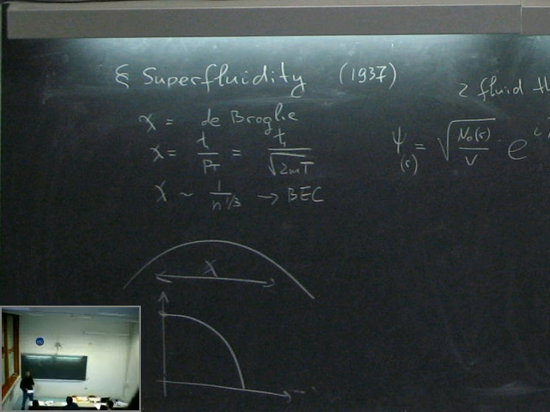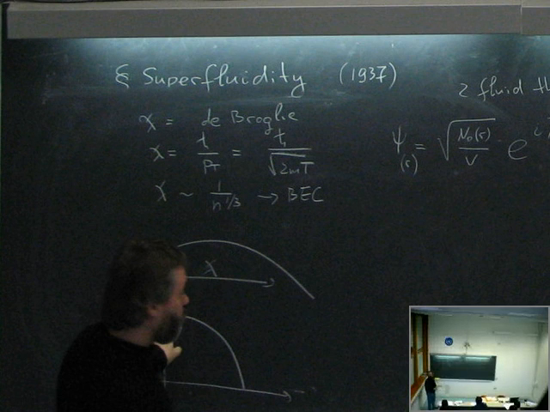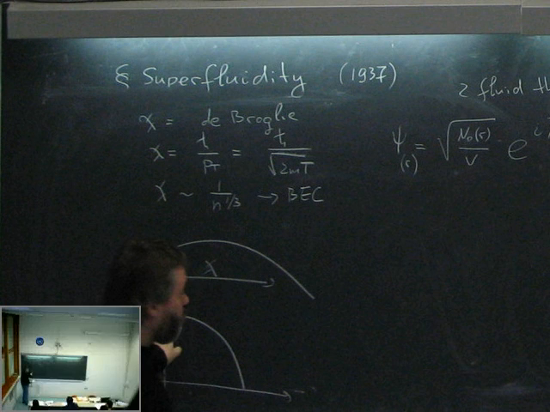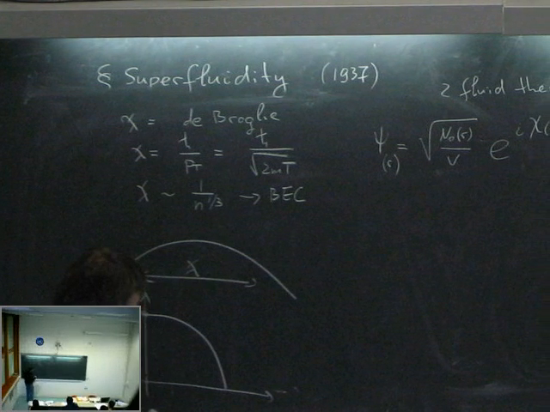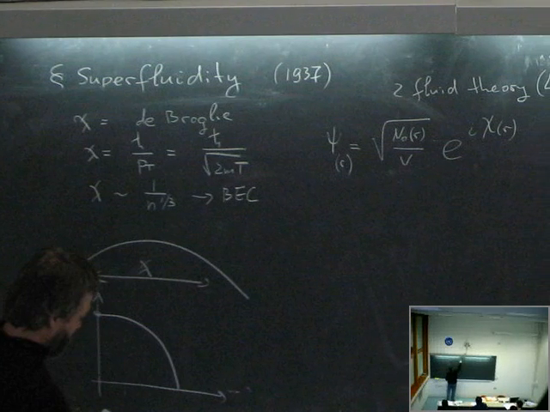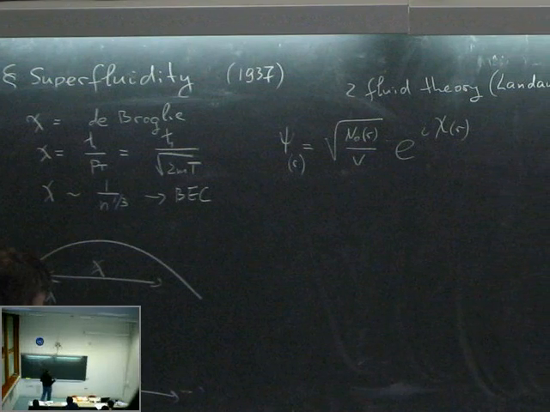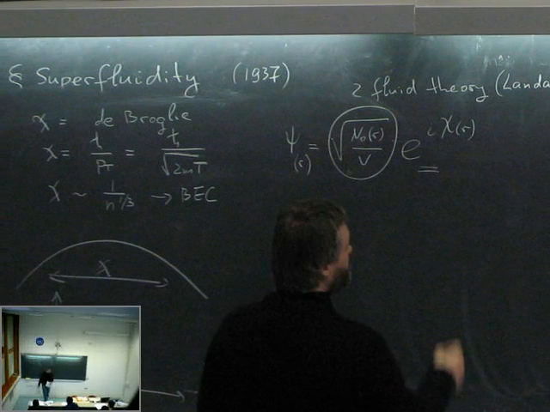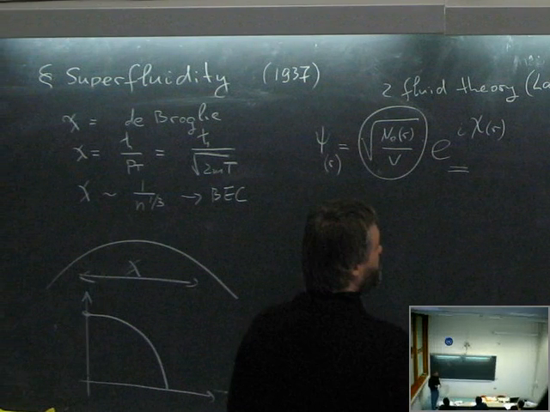If we are in a trap, and there is a good exercise to calculate how the density of particles depends on the distance from the center of the trap, then at small deviations from the center of a parabolic trap, it's also almost constant. Therefore, we may replace this factor by some constant and concentrate on the phase of the wave function and see how superfluidity manifests itself through the behavior of the phase.